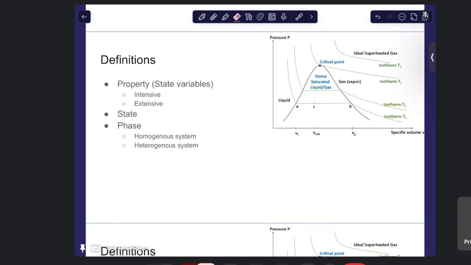So property means characteristic of a working substance. So what are the characteristics of working substance? Its temperature, its pressure, its volume, specific volume. So those are some of the characteristics of working substance.